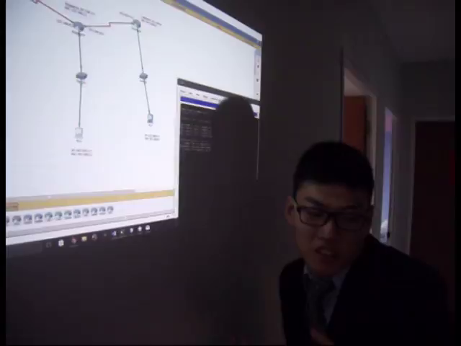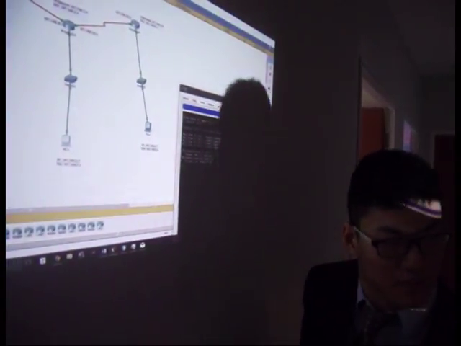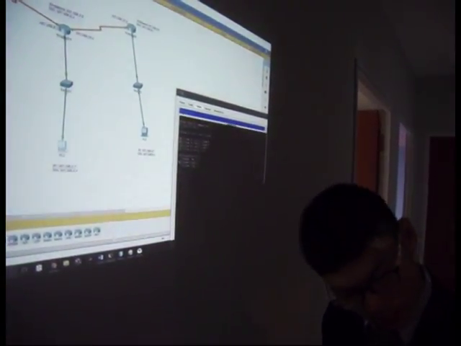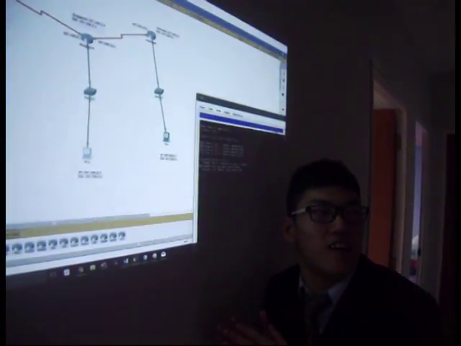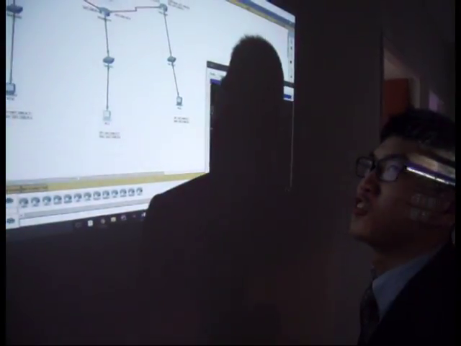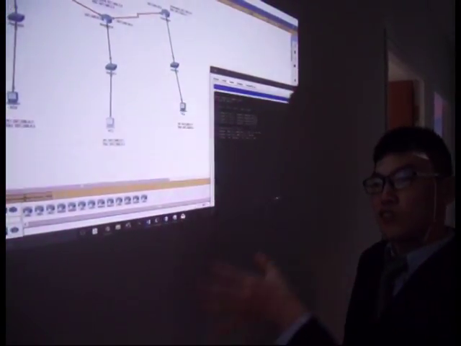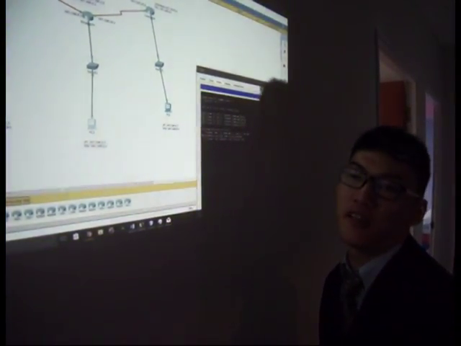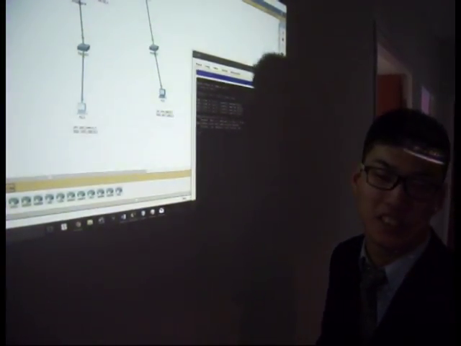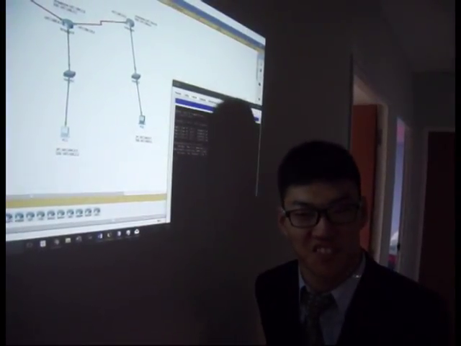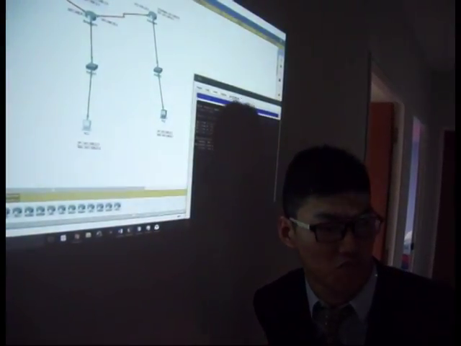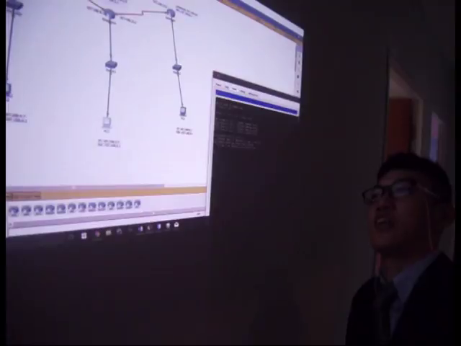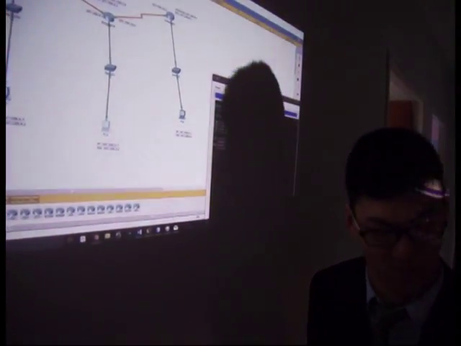Okay, as you can see, the ping is successful. What this demonstration shows is that every single host within the network can communicate with each other. After this, I will show you a screenshot of the result that I've got from the test done above. Thank you.